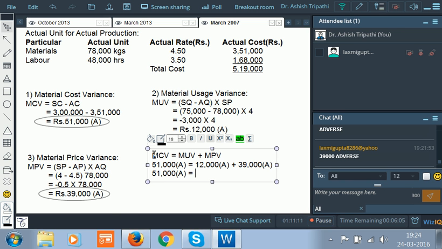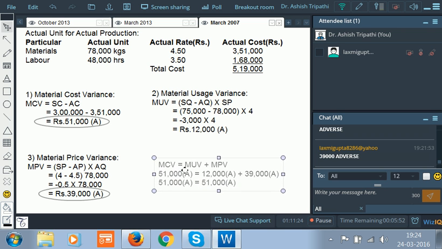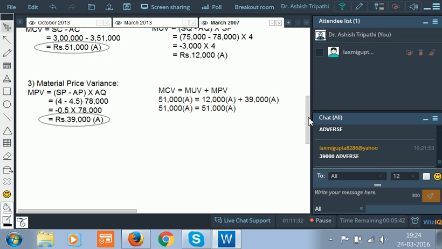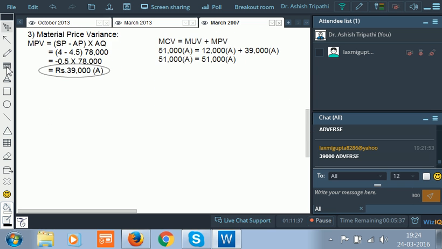If you solve this, you will get 51,000 adverse equal to 12,000 adverse plus 39,000 adverse. Again you get 51,000 adverse. This is how you can verify whether you are right or wrong. So we can say now we are going in the right direction. Okay.